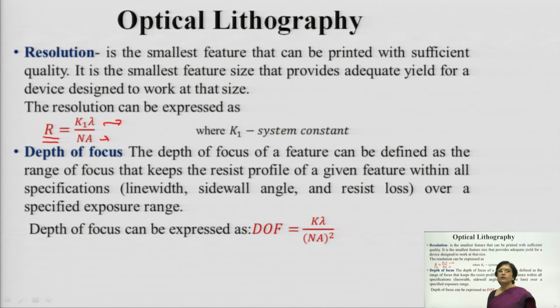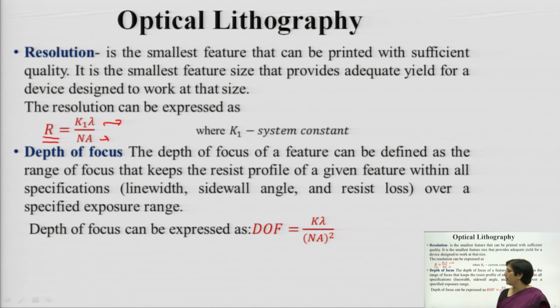The depth of focus of a feature can be defined as the range of focus that keeps the resist profile of a given feature within all specifications: line width, side wall angle, resist loss, all those features it will consider over a specified exposure range.